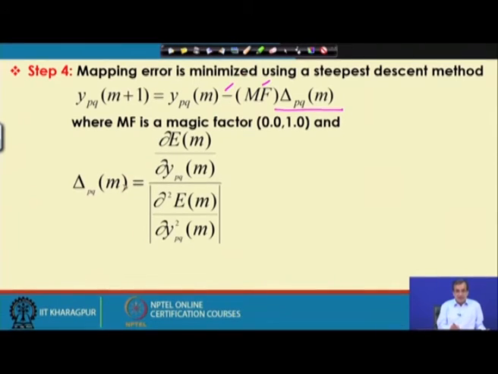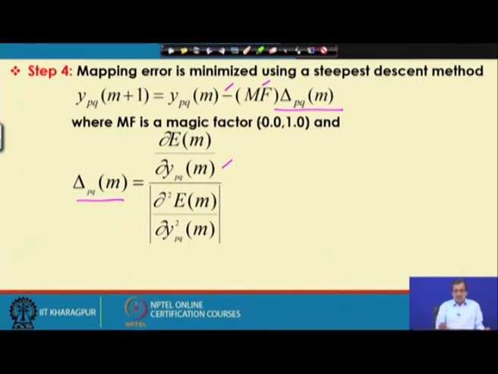Now, this delta_pq^m is nothing but the partial derivative of E^m with respect to y_pq^m divided by the norm of the second order differentiation, and this norm will provide some numerical value, and ultimately this delta_pq^m is going to indicate the gradient direction, and the search will be opposite to the gradient.